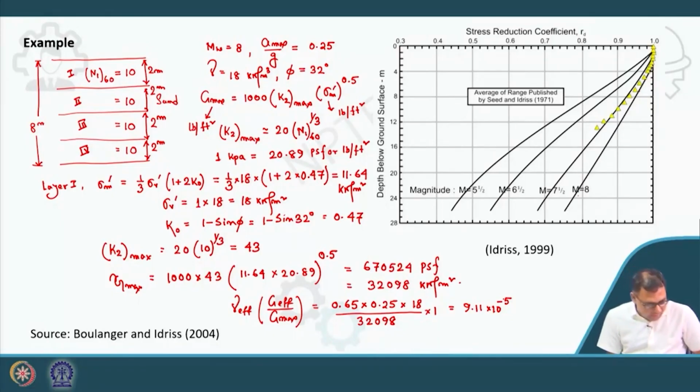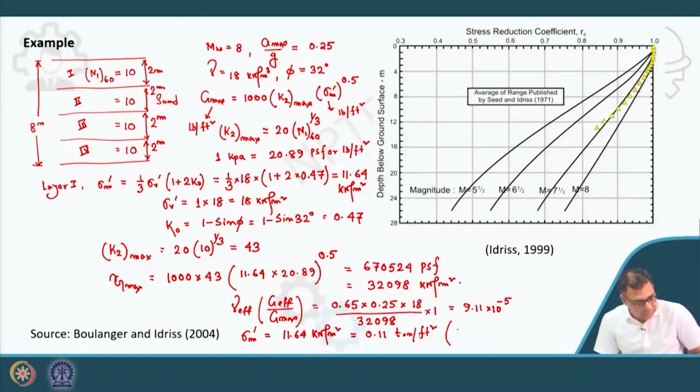Now I have that sigma M dash. How much is it? It was 11.64 kilonewton per meter square. So I have to convert it to ton per feet square. So that is equal to 0.11 ton per feet square.